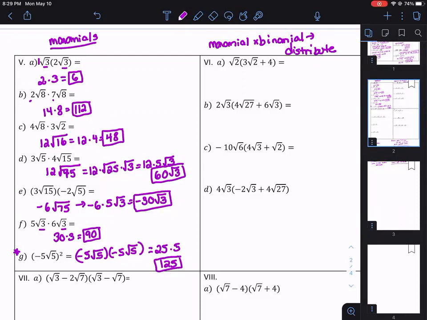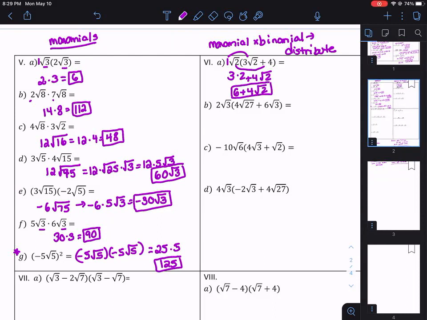For those of you that feel a little better, if there's no coefficient to put a 1, then go for it. So I would put a 1 here, and that way we would be able to use that to multiply carefully. So when we distribute, the 1 and the 3 become a 3. And the radical 2 and the 2 become a 2. And then the radical 2 times the 4 is on the outside, the radical 2 is on the inside. We get 6 plus 4 radical 2.